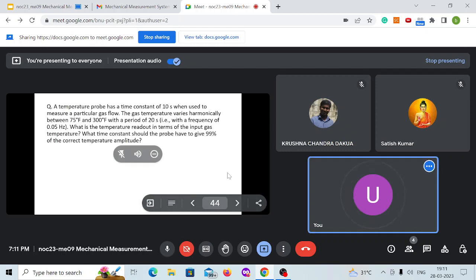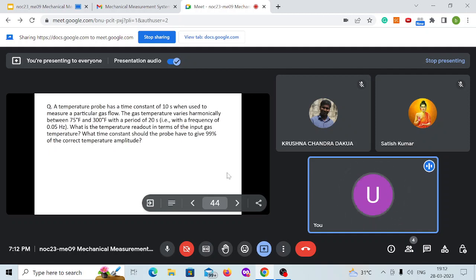So it's the next problem. We have a temperature probe which has a time constant of 10 seconds. It is used to measure the temperature in a particular gas flow. The gas temperature varies harmonically between 75 degrees Fahrenheit and 30 degrees Fahrenheit, and the period of oscillation is given as 20 seconds.